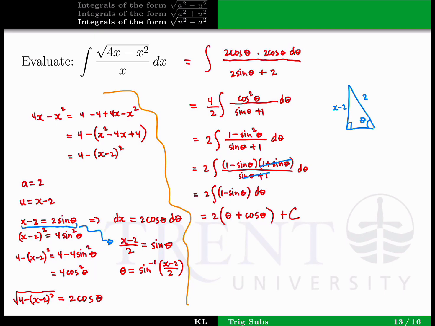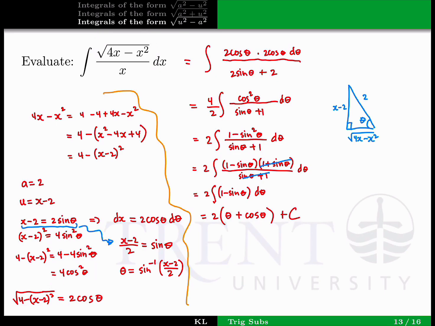And if you remember from our last meeting, the missing part is the square root of that. The missing part will be the square root of 4 minus (x minus 2) squared. But that one is exactly the same as this one, so the missing part will be the square root of 4x minus x squared.